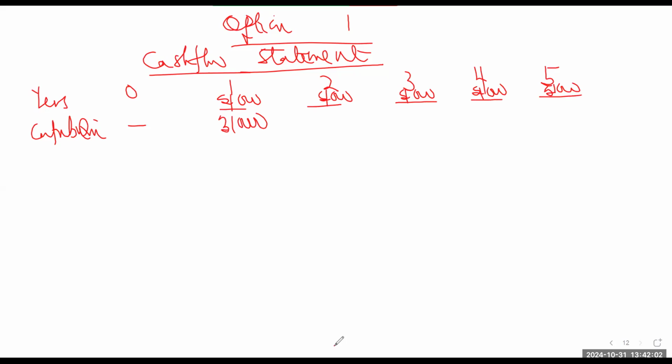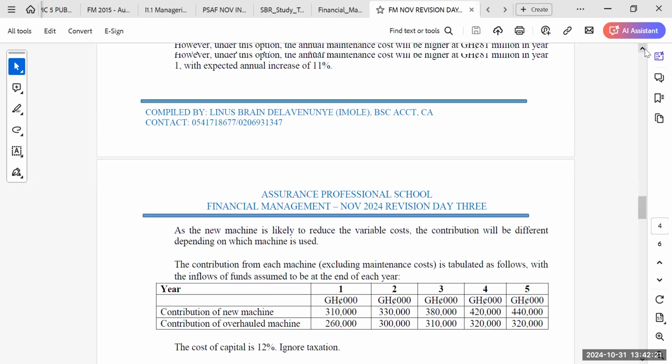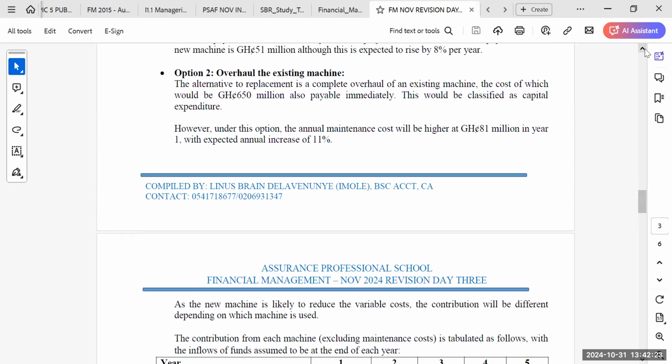Second year is what? 330,000. Are they saying any increase in the contribution? Did they say something about the contribution increasing every year? No. Okay, so that means that is their nominal value.